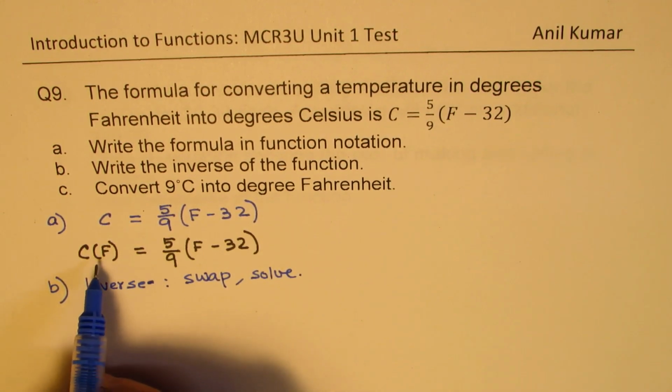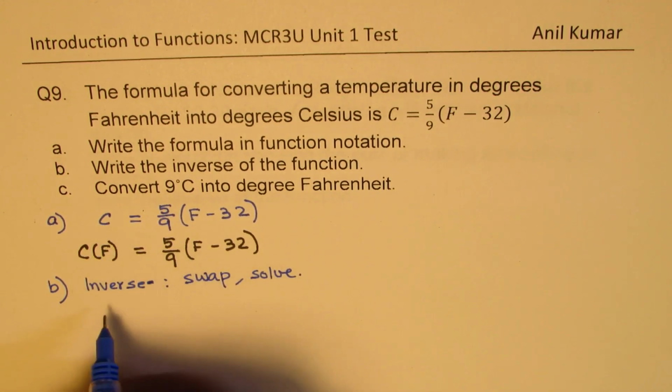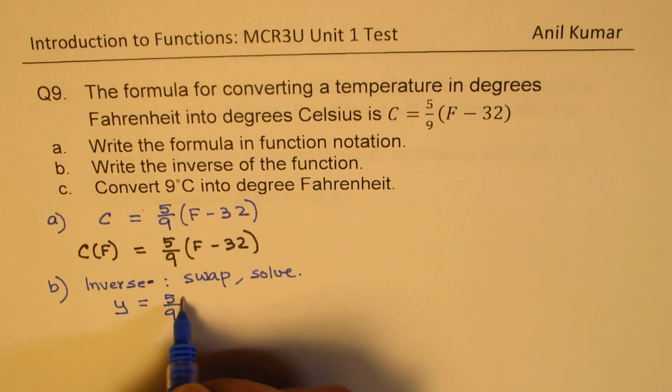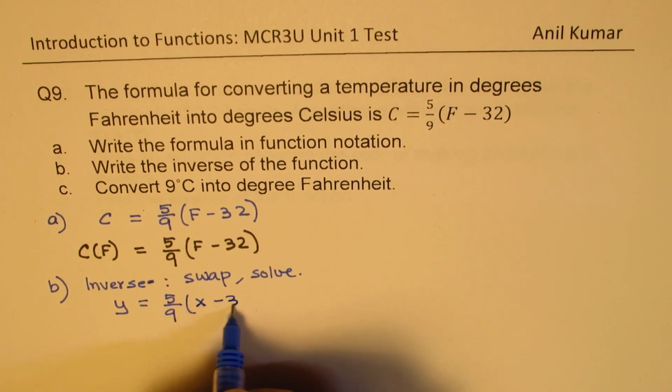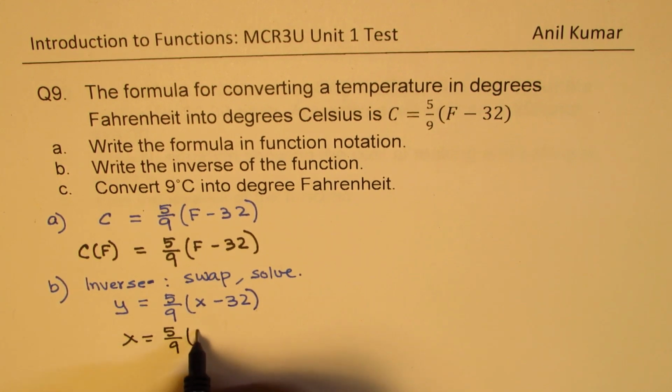We'll treat this as y and this as x to write the function itself. So y equals 5 over 9 (x minus 32), correct? Now, the first step is to swap. So x equals 5 over 9 (y minus 32), correct?